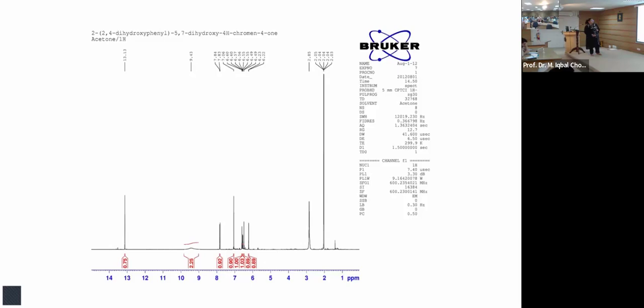These are important things that you should know. The window function that you use here is EM, and you can try many other window functions as well. And SF is the frequency of the spectrometer.